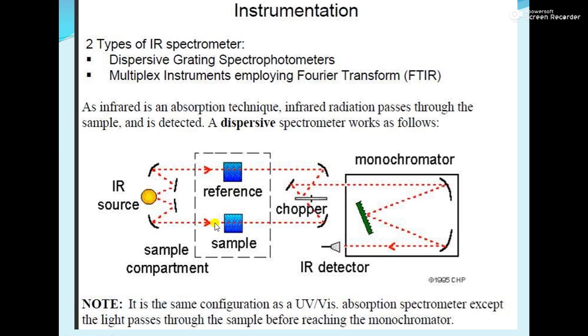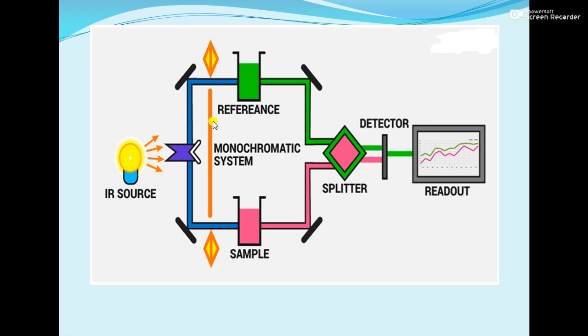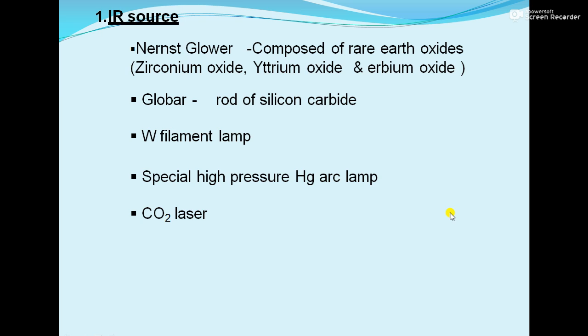And then the radiation passes through the sample and we get the IR data ratio, and finally we get the result. As you can see, this is another diagram: IR source, the reference, the sample, the splitter, the detector, and finally we get the readout.